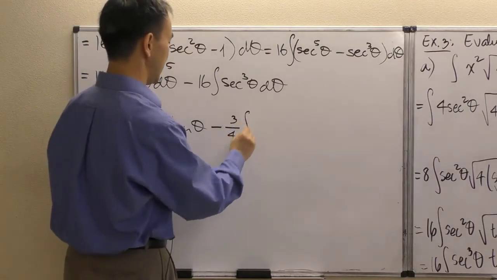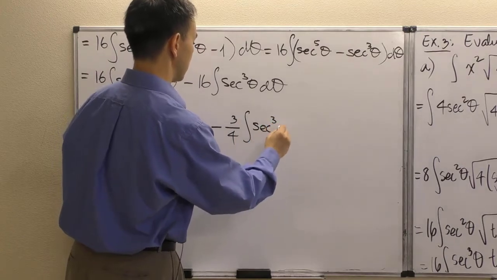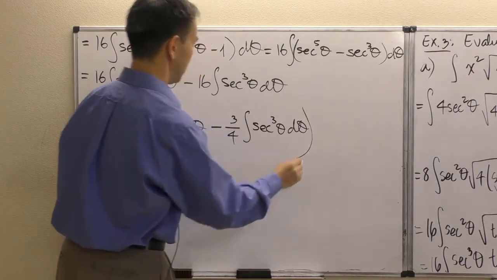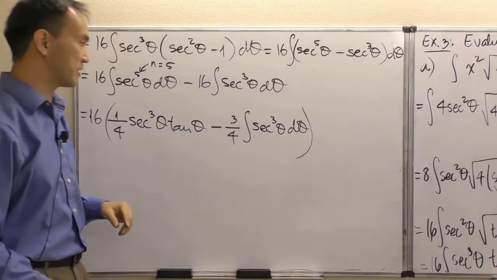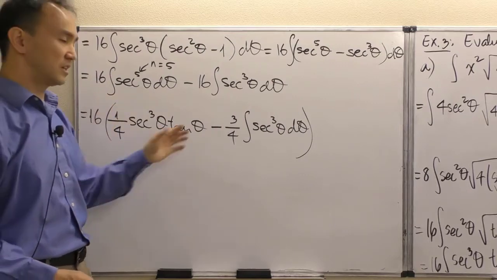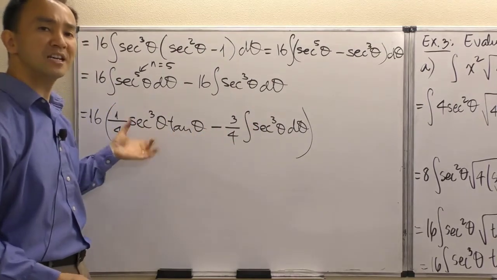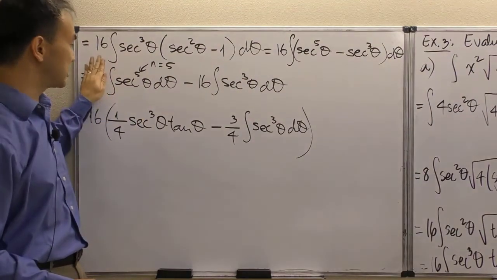Then here I have the integral of secant cube of theta d theta, because it's n minus 2 according to our formula. All of that in the parentheses is just what happens after I apply the power reduction formula on the integral of secant to the 5th.